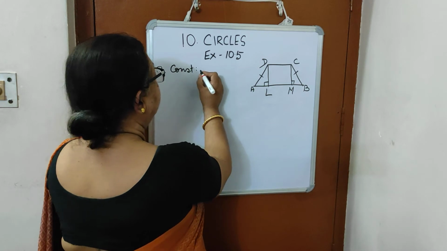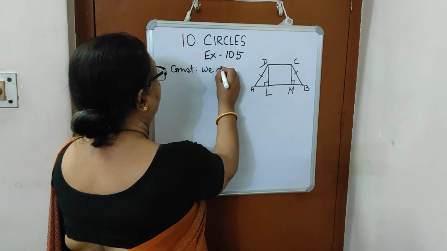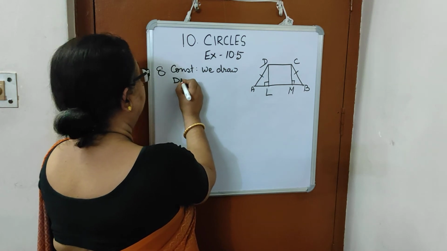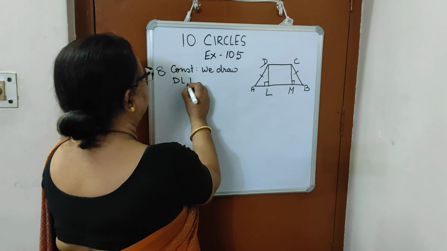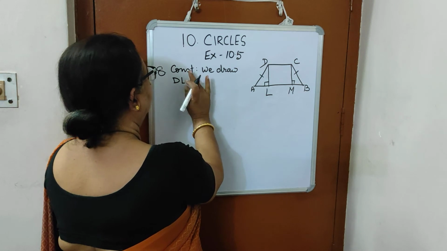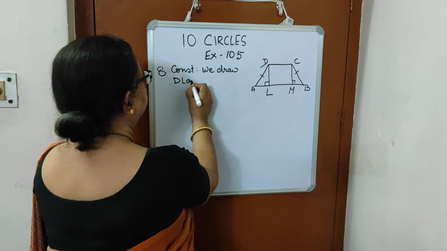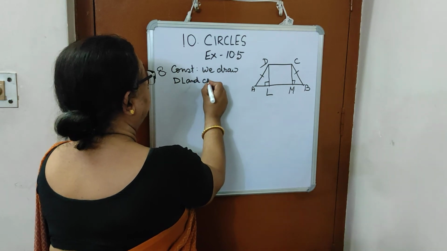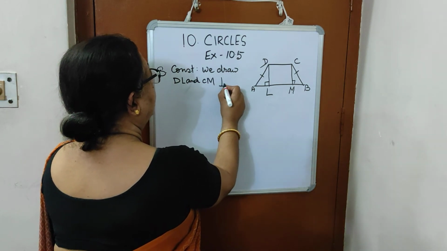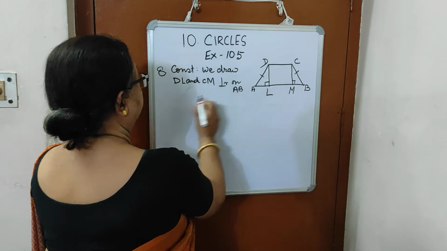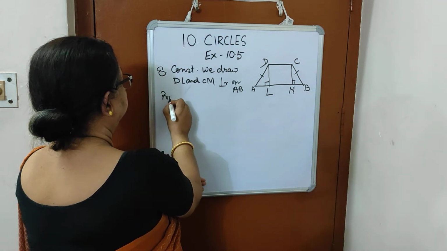So construction is, we draw DL and CM perpendiculars on AB. Proof.